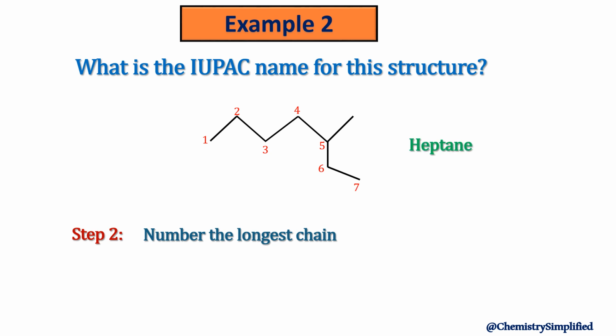And 7 carbons is referred to as heptane. Now, the substituent or branch for this one, if you were to number it from left to right, would be on carbon number 5. So we would call this one 5-methyl, right? It's a methyl because it's a 1 carbon substituent and it's located on carbon number 5.